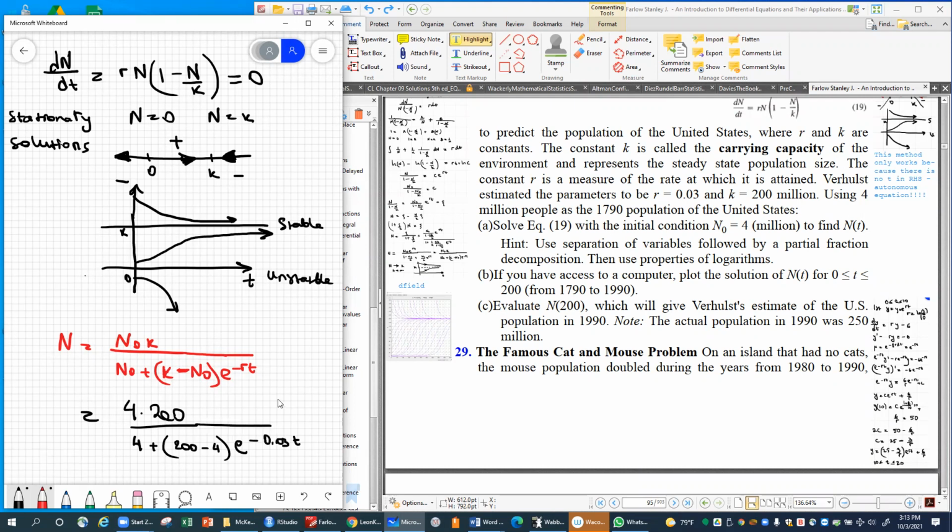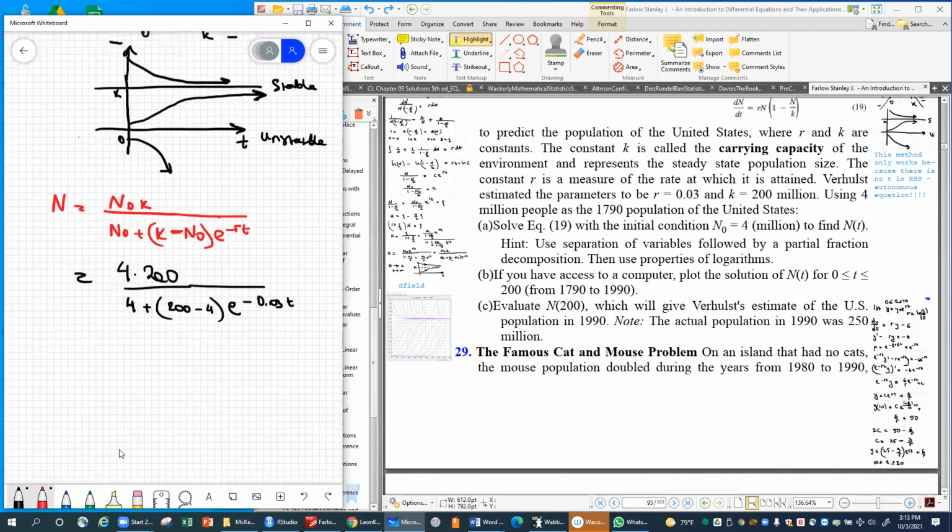So that seems to suggest that we have 800 over 4 plus 196 e to the minus 0.03t.